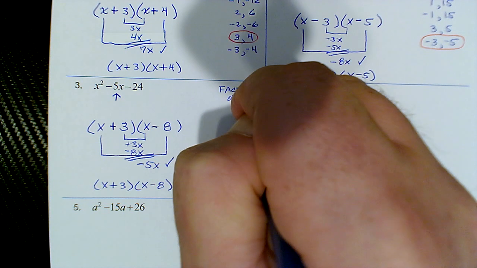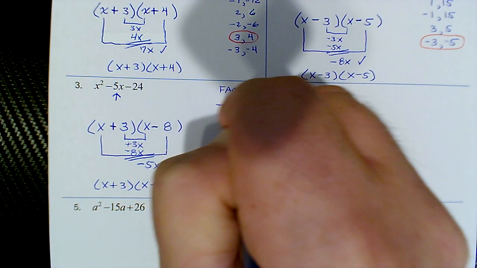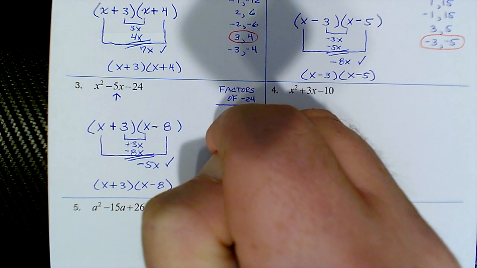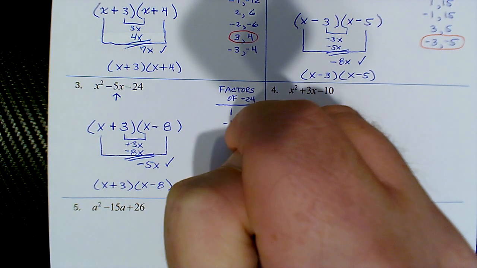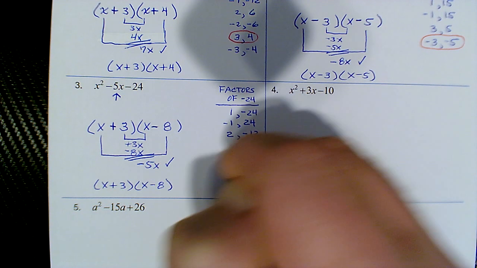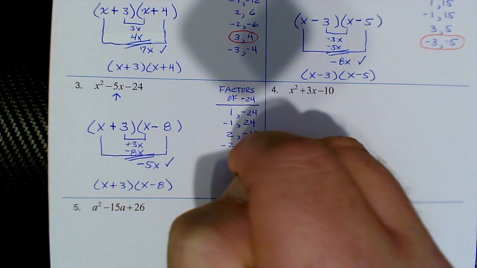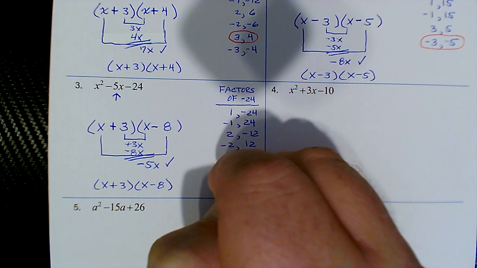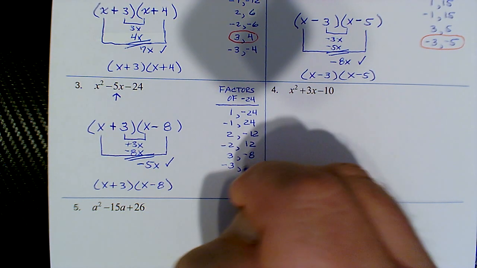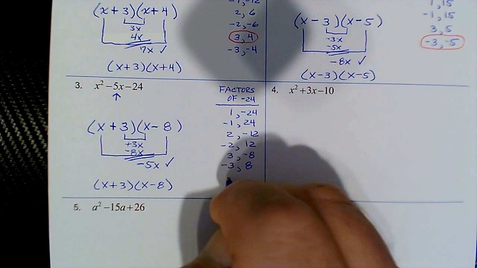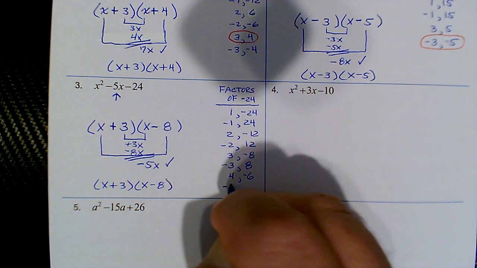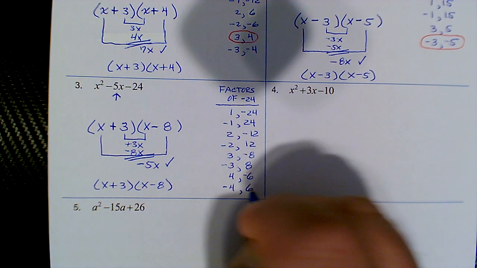Now I want factors of negative 24. So there'd be 1 and negative 24, or negative 1 and positive 24, 2 and negative 12, negative 2 and positive 12, 3 and negative 8, negative 3 and 8, 4 and negative 6, negative 4 and 6.